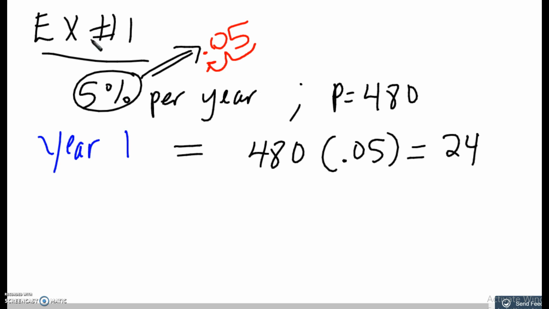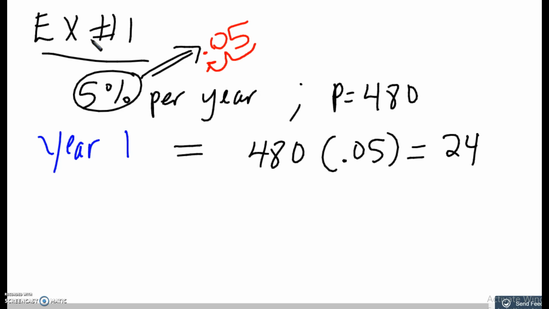So at the end of year 1, there's $24 worth of inflation costs. But $24 is not the value of whatever the problem said. I don't remember what it says. Maybe it was tires. I can't remember. But anyway, that's not the end value. That's how much the price increased.